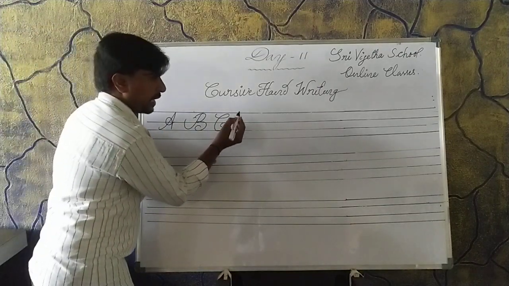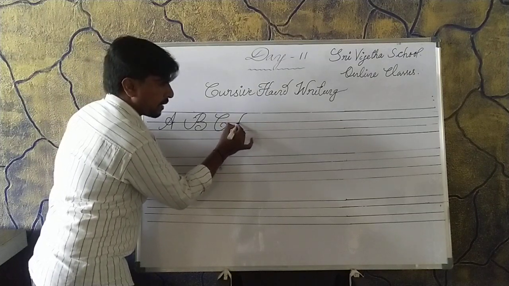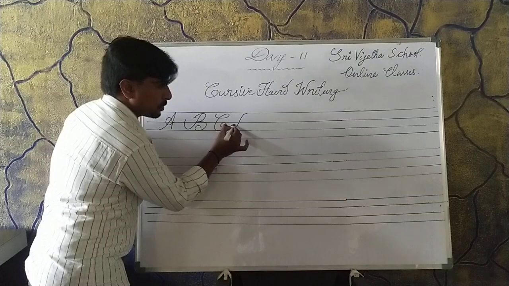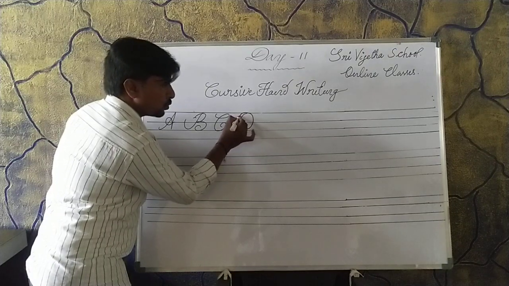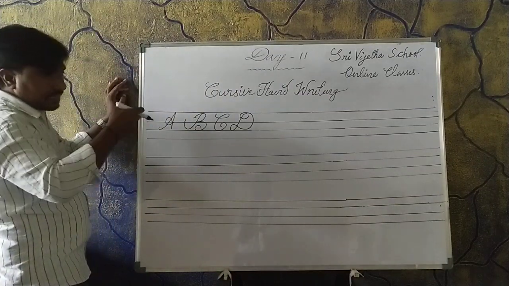Now we are making letter D. Start at the top line and reach up to the third line, again move up and make an angle like D. Look here.